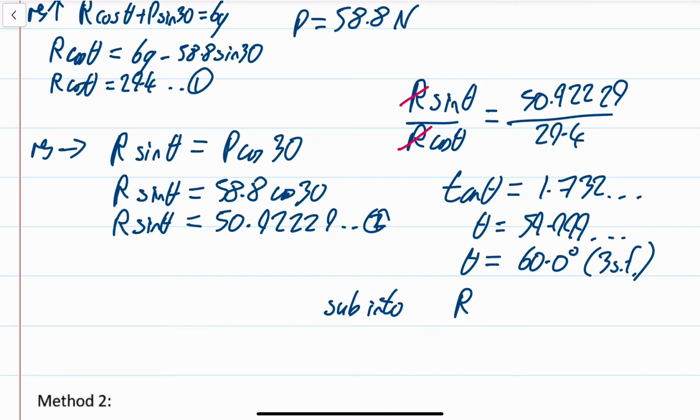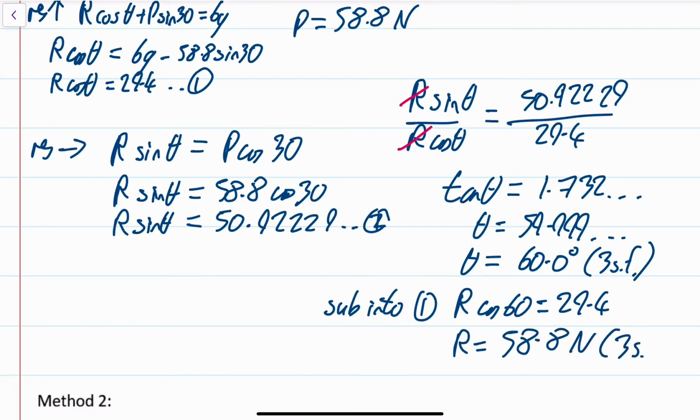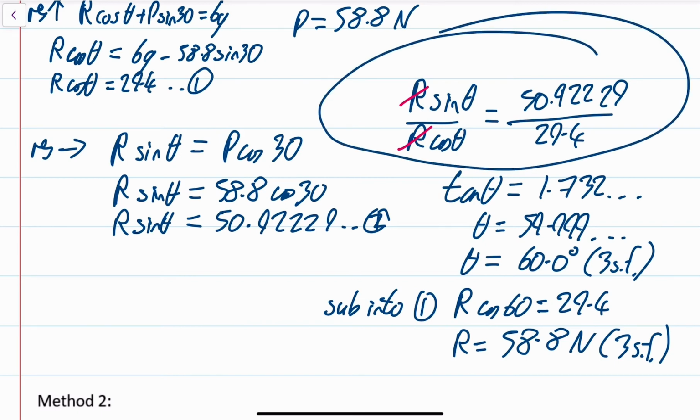Put it into my equation 1, which was R cos 60 is equal to 29.4. And then a little bit of working out, my R works out to be 58.8 newtons, and that's to 3 sig figs.